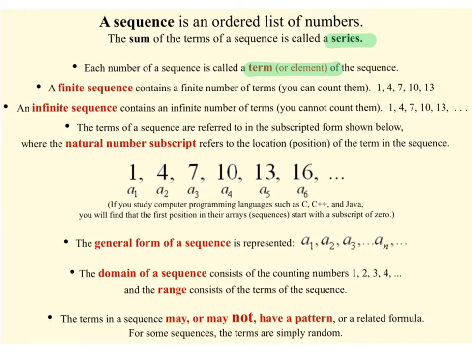There's finite, which is pretty obvious, it ends, and there's infinite sequences, which go on forever and have something called an nth term. The terms of a sequence are written with a subscript. So a subscript 1 means the first term in the sequence, a subscript 2 is the second term, and so on.